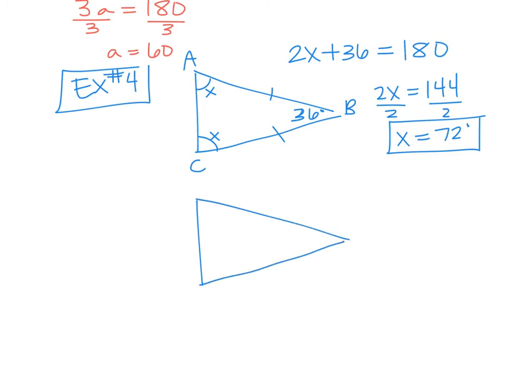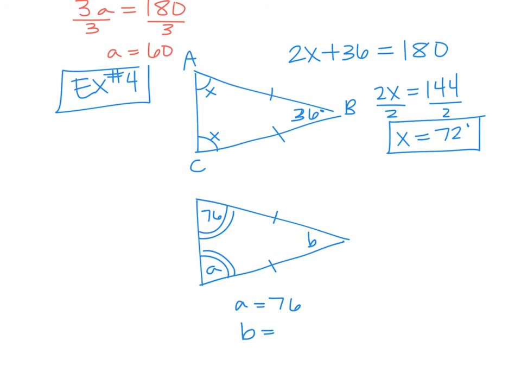What if I gave it to you a slightly different way? So now I told you this was 76, and I want to know A and B. So instead of giving you the vertex angle, I'm giving you a base angle. What do you do differently? What's A? 76, right? These two have to be the same. So A would be 76. And then what would B be? 180 minus 152.